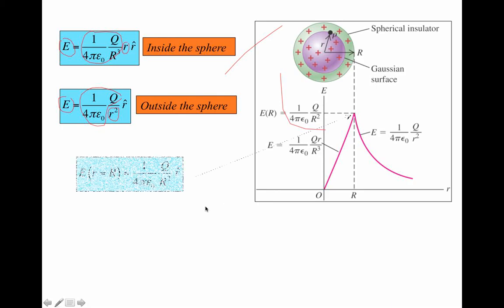To test this, at this point we should get the maximum electric field when r, the radius of the Gaussian surface, is equal to big R. Then I should get this maximum value, which indeed I get for both. If you put r equal to big R, you get the maximum electric field, which occurs when you're sitting right at the surface of the sphere.